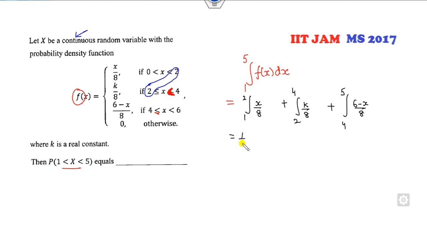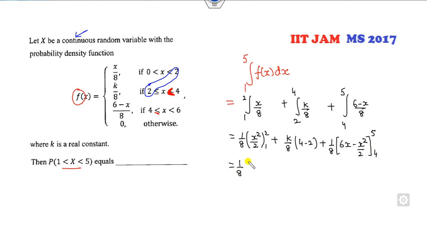Now what is the answer of this? This is x square over 2 from 1 to 2. It's a constant number, so I can take it outside. It is 4 minus 2. I can take 1 over 8 outside. It's 6x minus x square over 2 from 4 to 5.